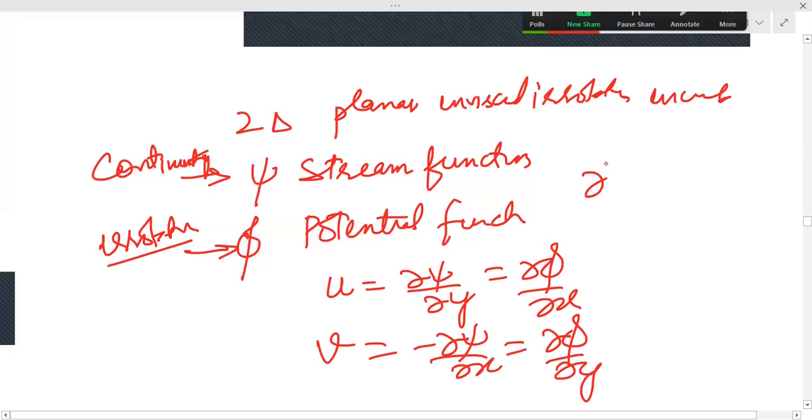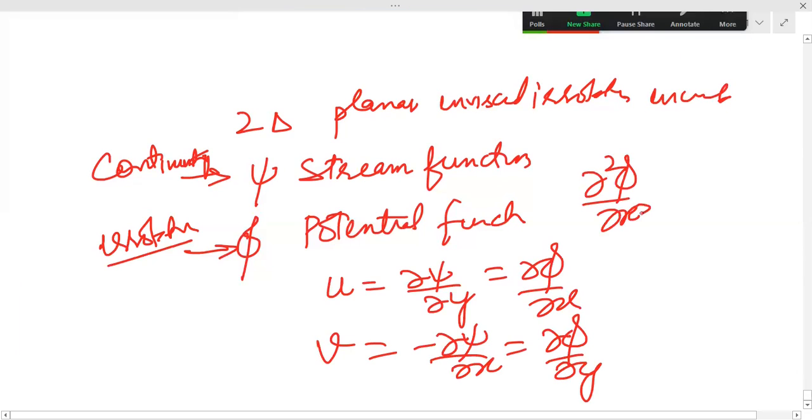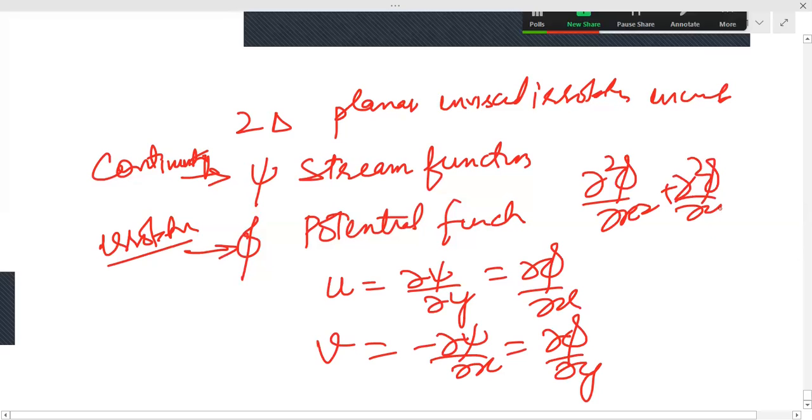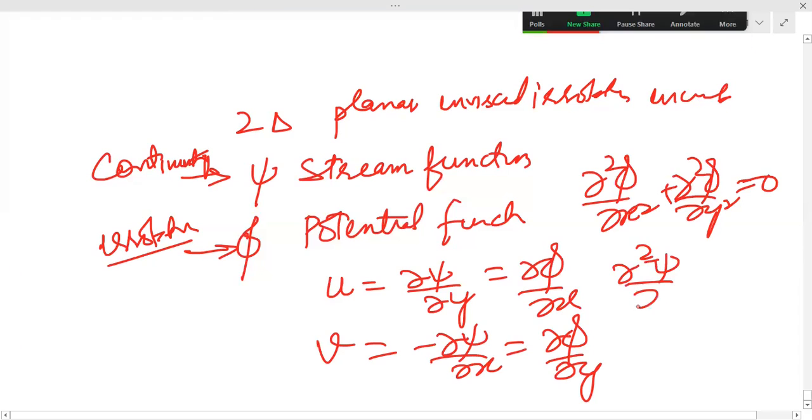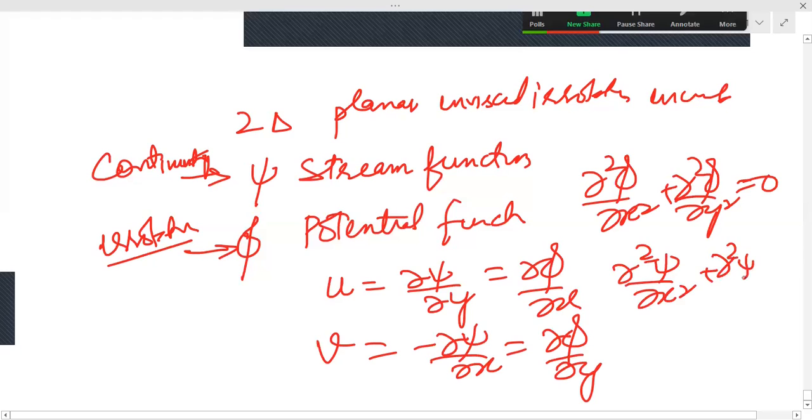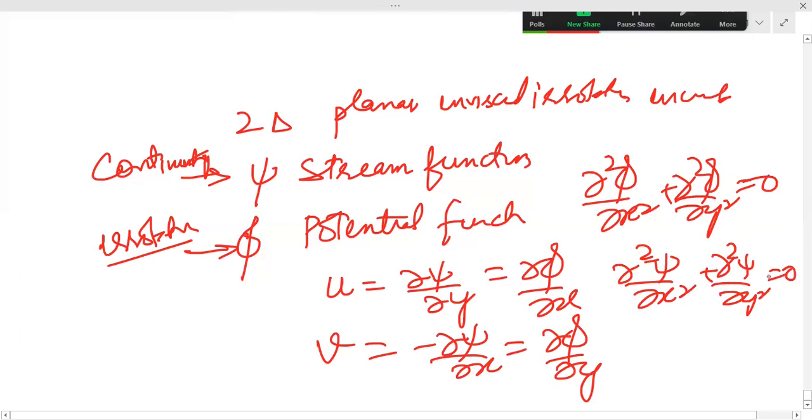And also they satisfy the Laplace equation. This should be clear in mind. Is this clear to everyone?